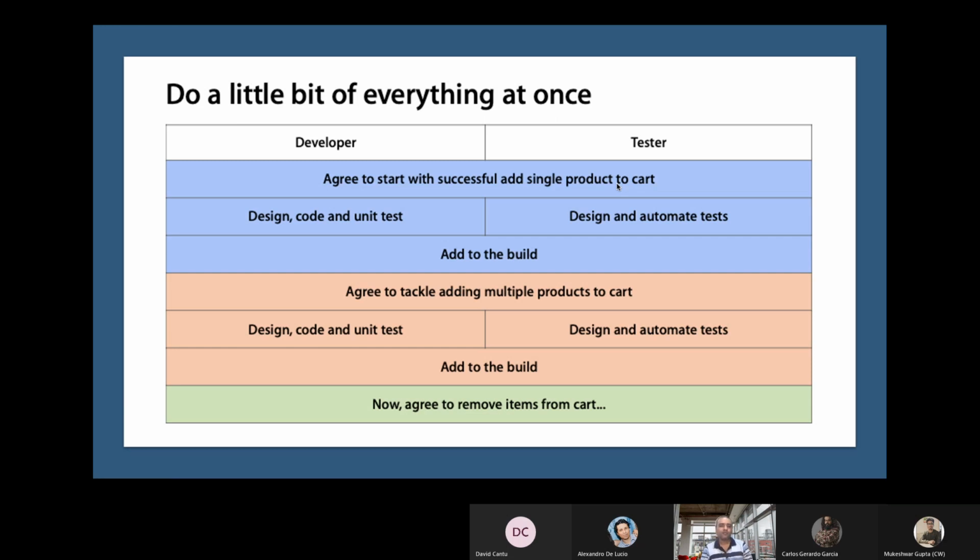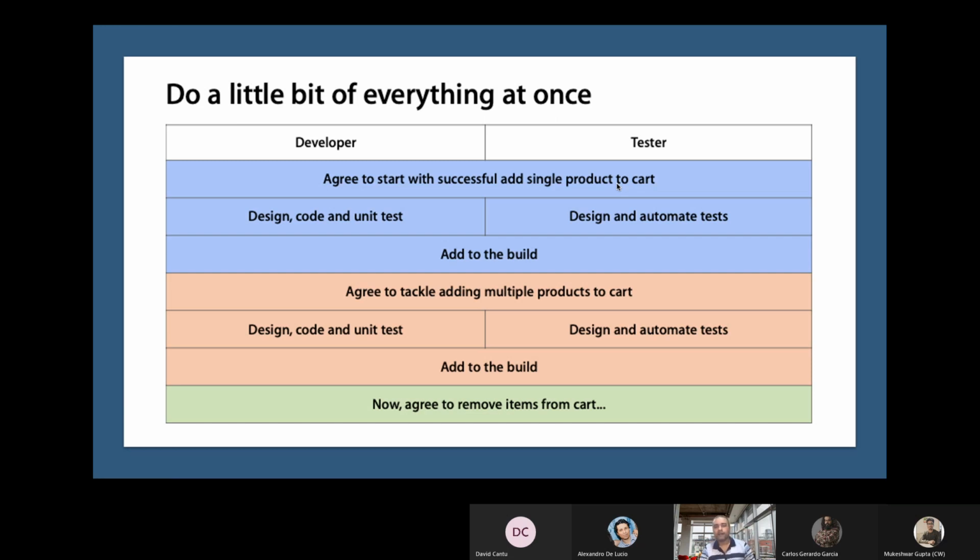So for a developer and tester, agree to start with successfully adding a single product to the cart: design, code, and unit test as a developer mentality, design and automate test as a tester mentality, add to your build, and then agree to tackle adding multiple products to the cart.